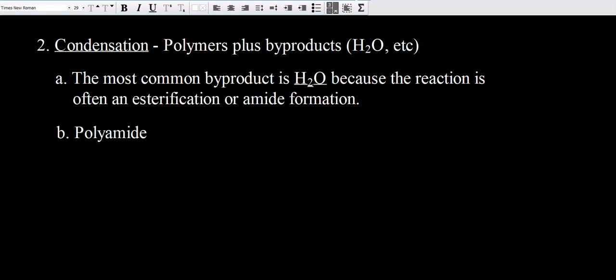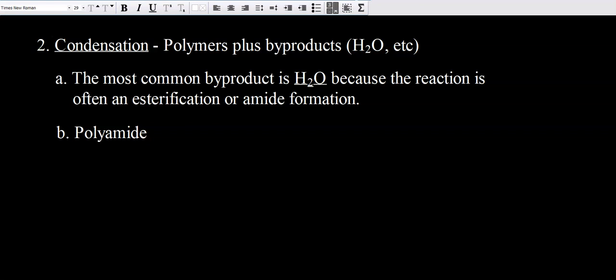There are other substances that can be produced as a byproduct as well, such as HCl or NH3. So it just depends on the particular type of polymerization reaction. All right, so these are also found in option A, material science in your textbook, pages 653 to 656.